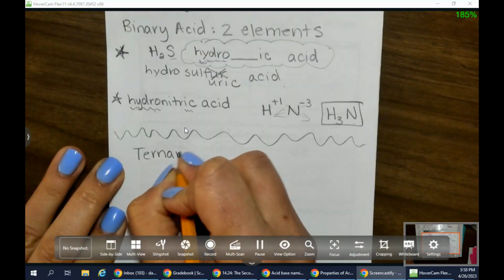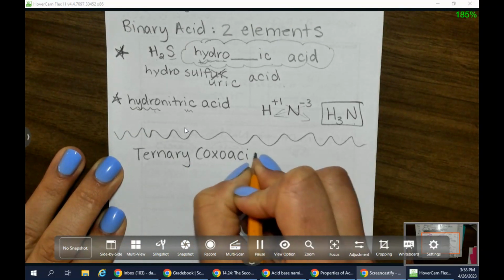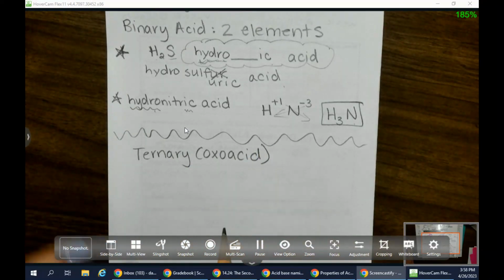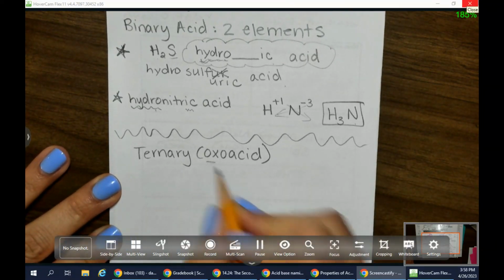Ternary acids are also known as oxoacids. Some people also call them oxyacids. I don't know, but oxoacid does kind of imply that there's an oxygen involved.